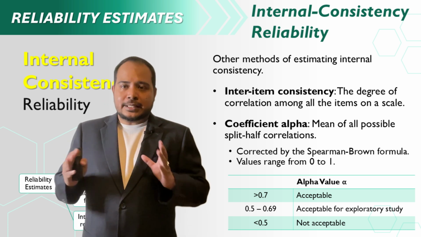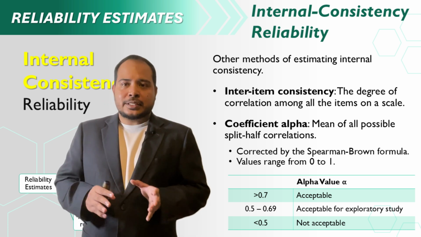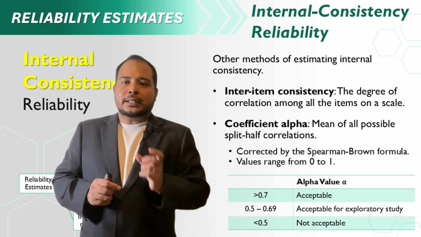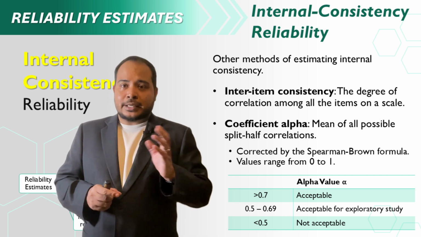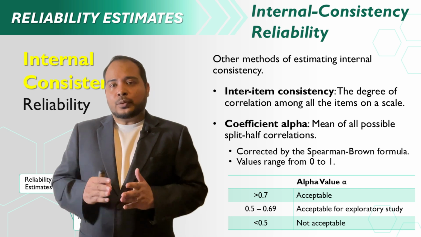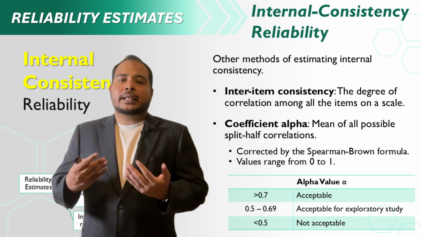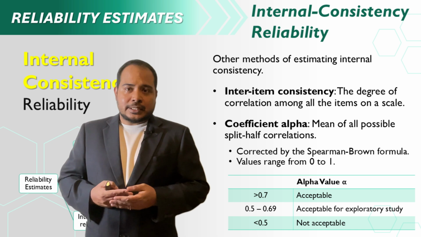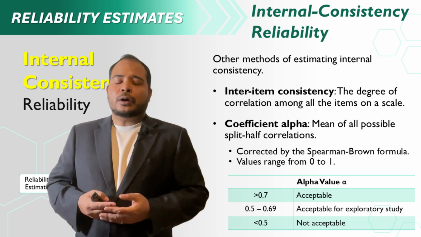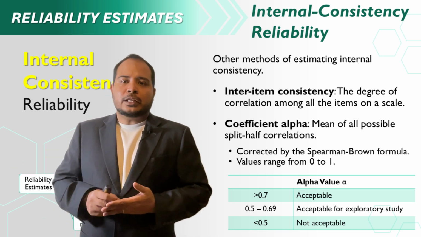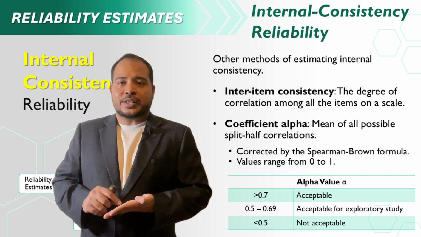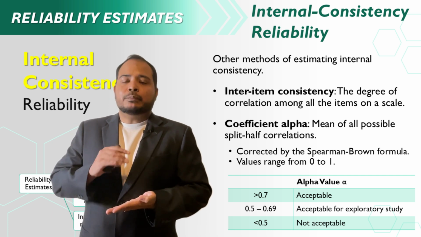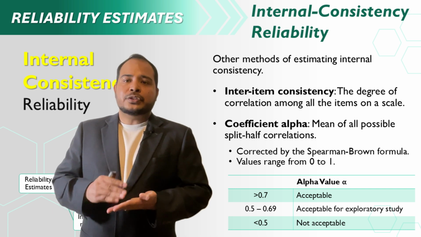The standard values that psychologists accept for internal consistency reliability are as follows. When we analyze internal consistency reliability, say for example Cronbach alpha, we are looking at a value of above 0.7. The most acceptable value is above 0.7.